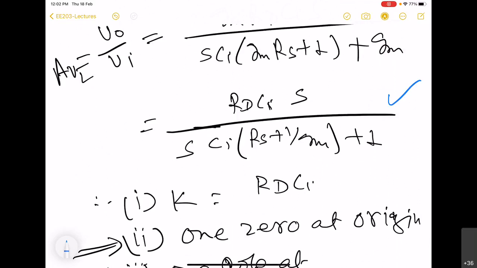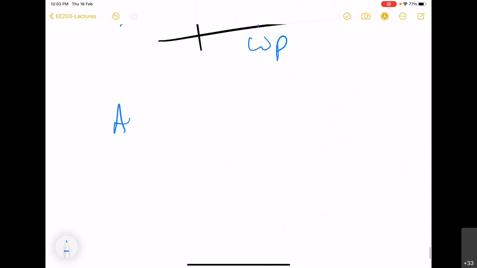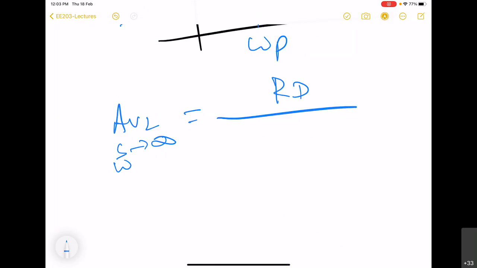So for that we divide by S and then take the limit. When you take the limit, this is what you will get: AVL for S or omega infinity is going to be RD divided by Rs plus 1 by Gm.